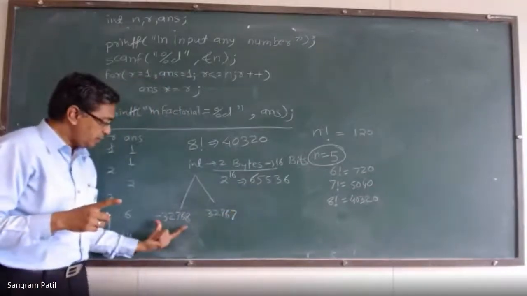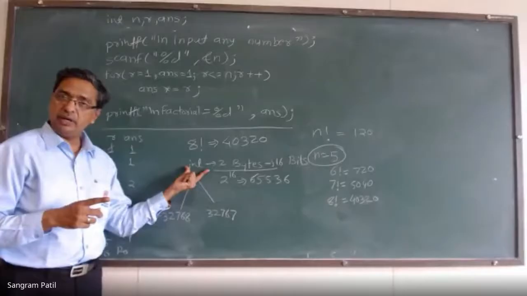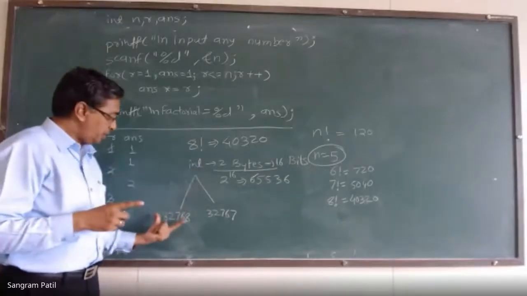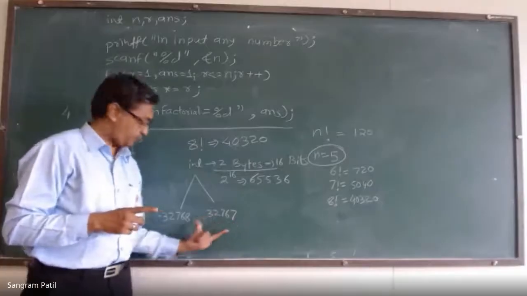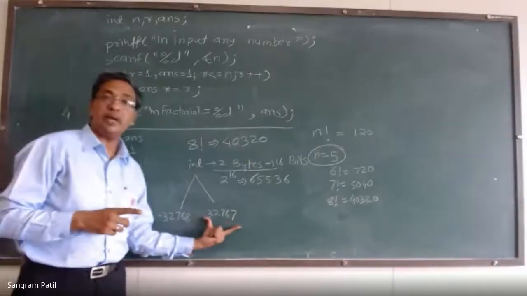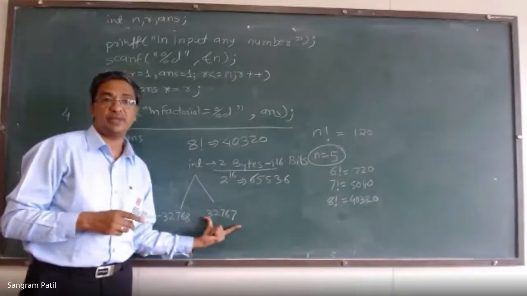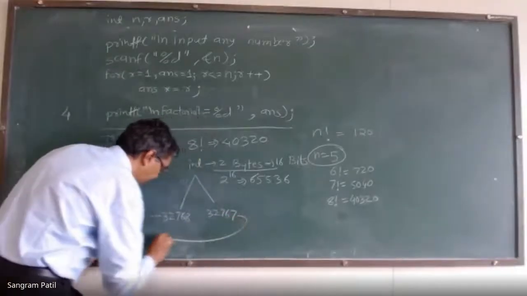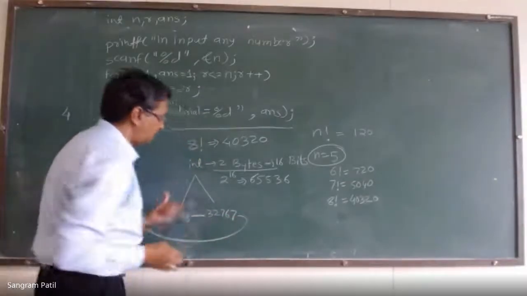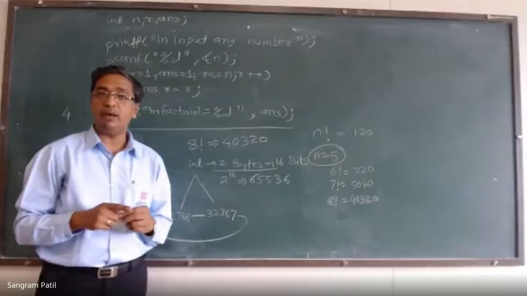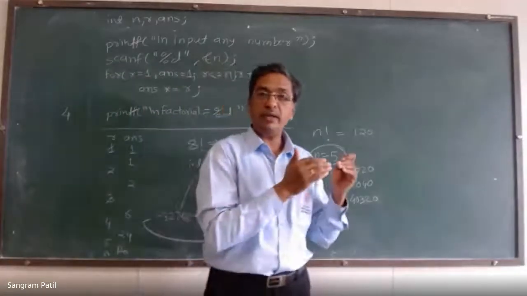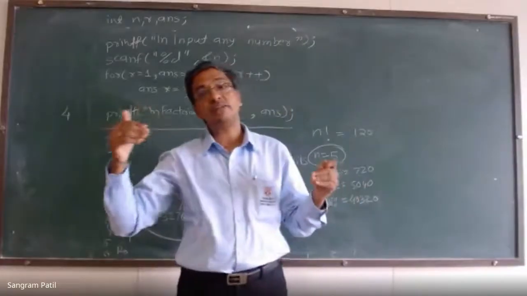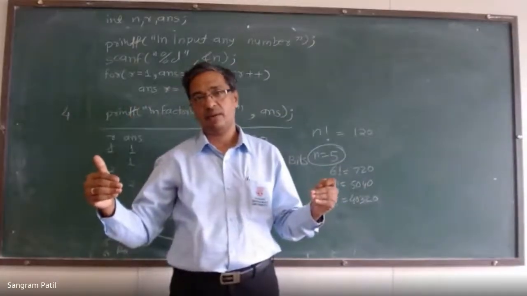So whenever we declare any variable as an integer, its value ranges from -32768 to +32767.